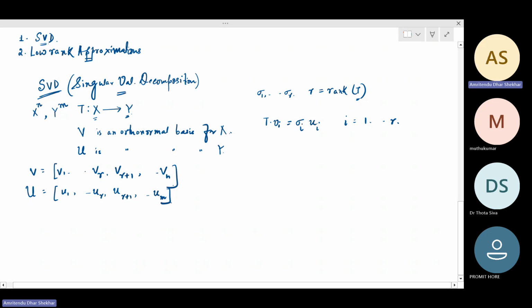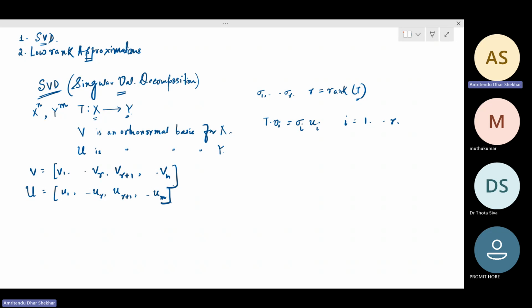Essentially, what it is telling me is that, for now we are very commonly dealing with matrices, but it's also sometimes useful to look at these matrices as representations of linear maps. If you have any linear map, you can represent it as a matrix once you fix bases for the domain and the codomain.